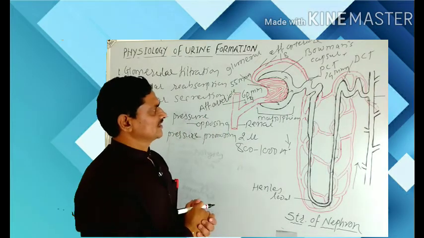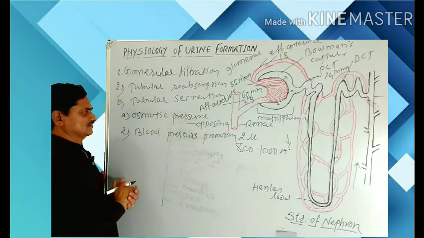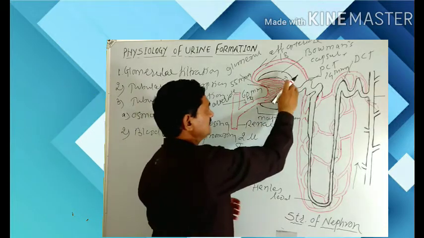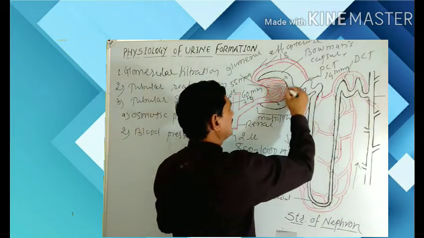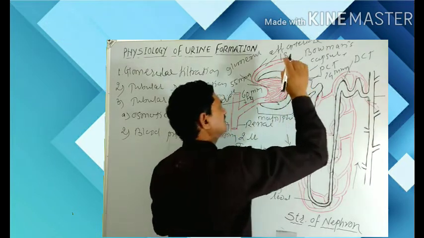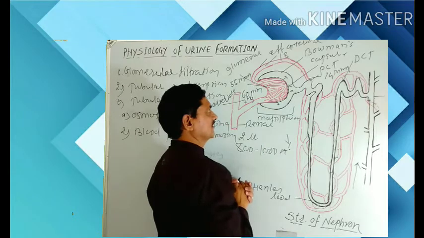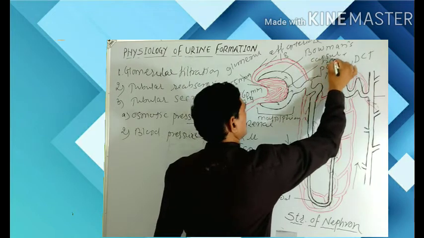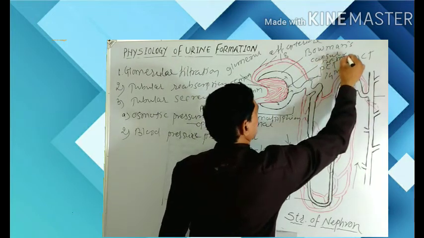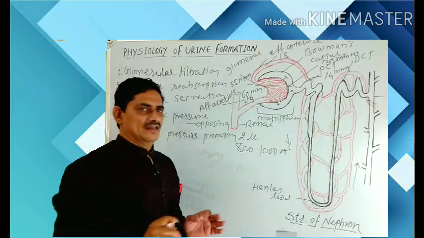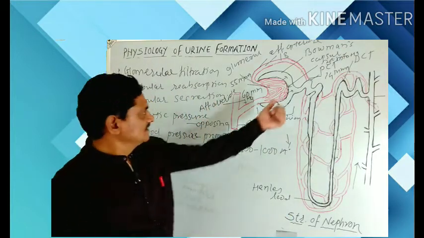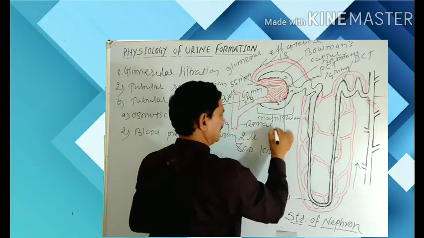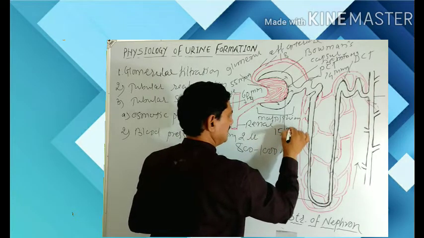So, look here, the two opposing factors, the osmotic pressures. In this lumen, the colloidal substances create a pressure which opposes the filtration, and it is 30 mmHg. And the colloidal substances present in the blood capillaries also exert a pressure of 15 mmHg.